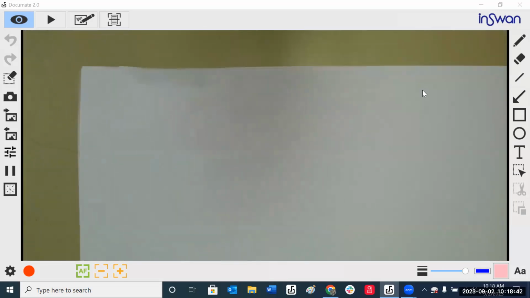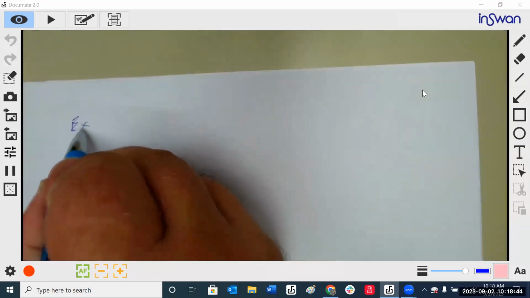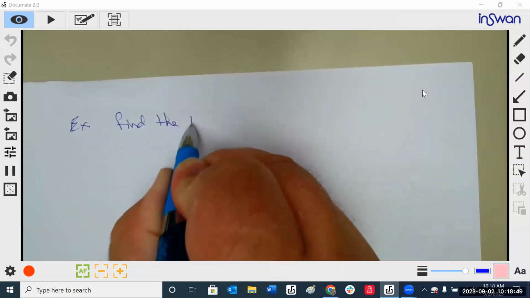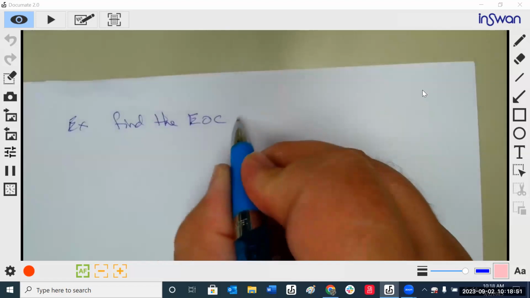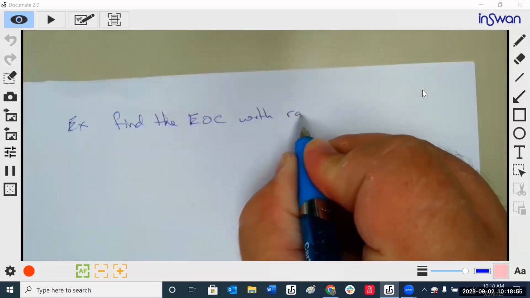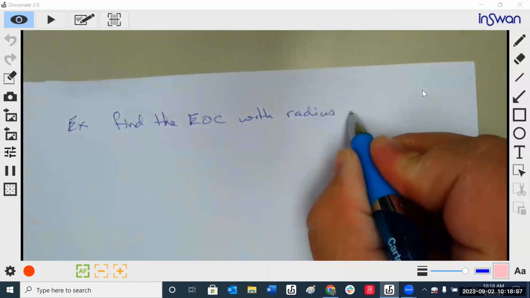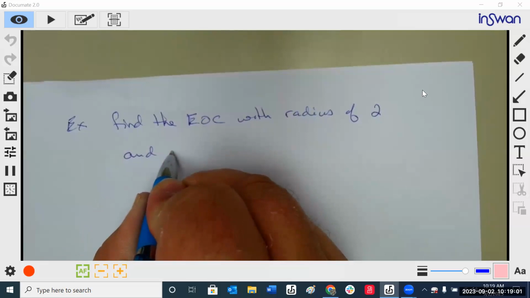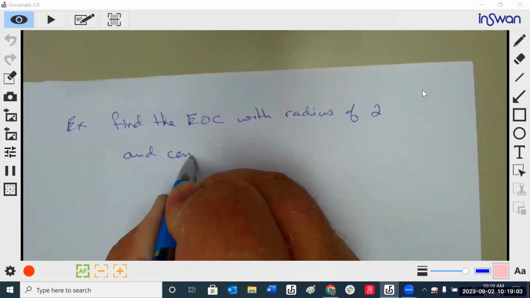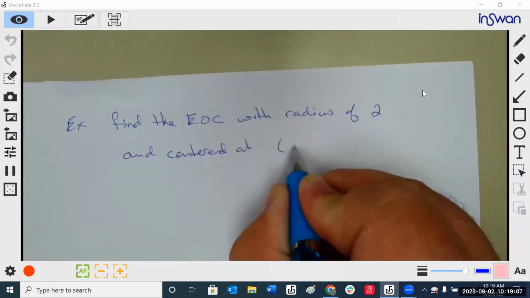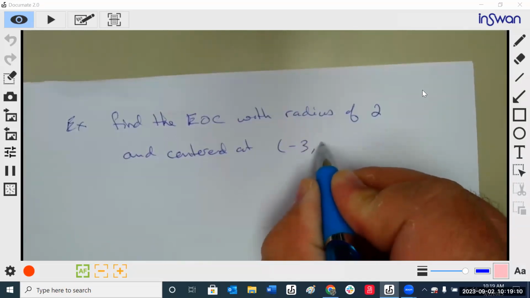Here's an example. Find the equation of the circle with radius 2 and centered at -3, 1.